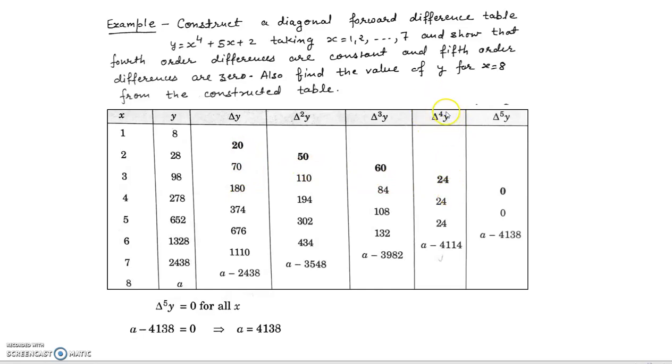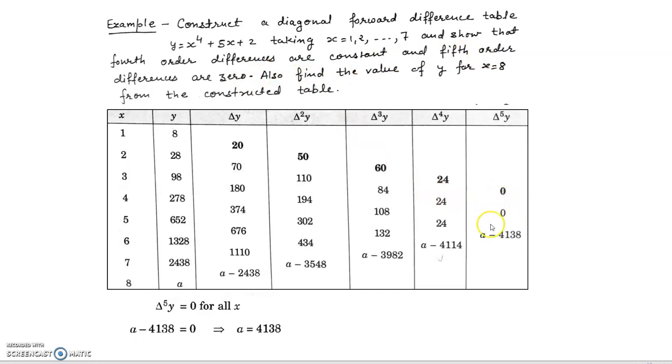Fourth order forward difference: here all entries are constant. So our first result is proved. Fourth order differences are constant. And in the fifth order differences, you can see all entries are 0. This must be 0 because the above 2 are 0. So our next result is proved. Fifth order differences are 0.